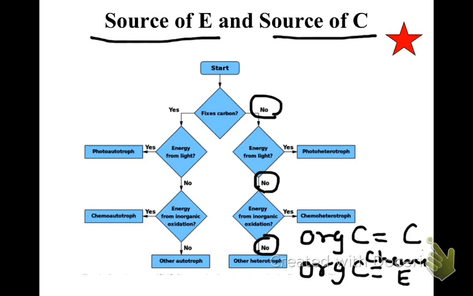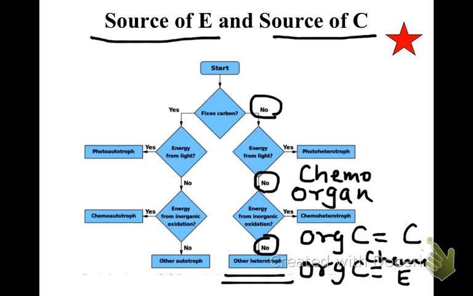So I am a heterotroph, which can also be called a chemoorganotroph. In some cases, we are just loosely classified as chemoheterotrophs.